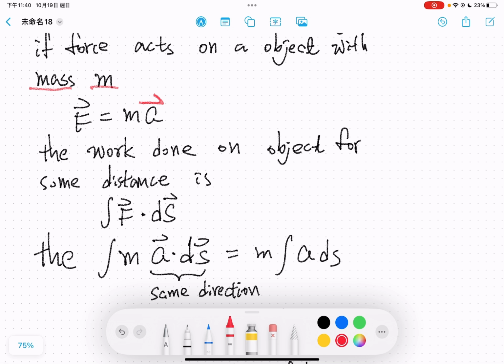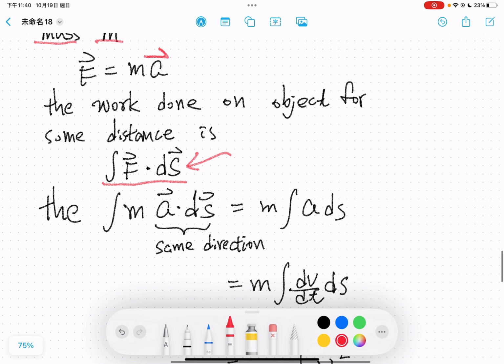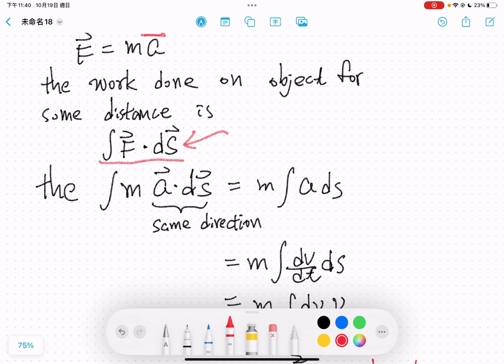The work done on the object for some distance is the force inner product with the displacement. We write it and move the mass out.